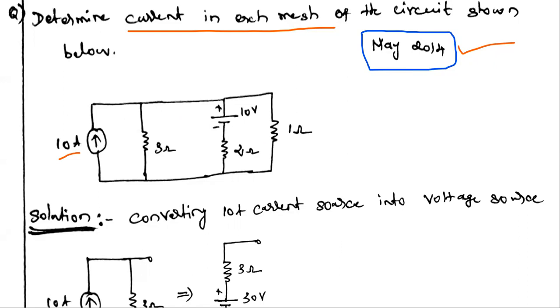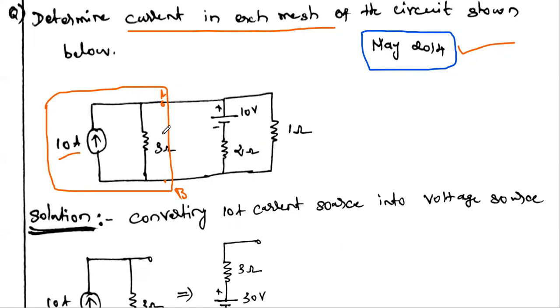Okay, using one source transformation technique. So here you see this 10 amps current source is parallelly connected with this 3 ohm resistor. Okay, so you take this as A point, this as B point. So in between A and B, you see one 10 amps current source parallelly connected with 3 ohm resistor.